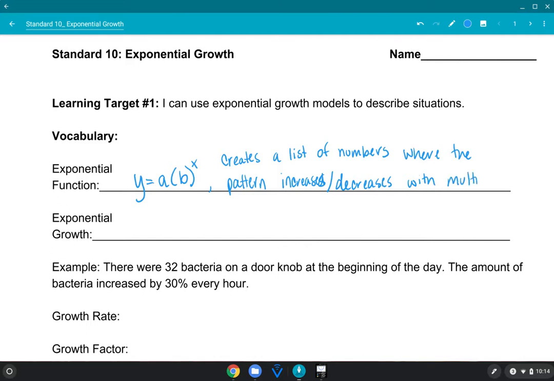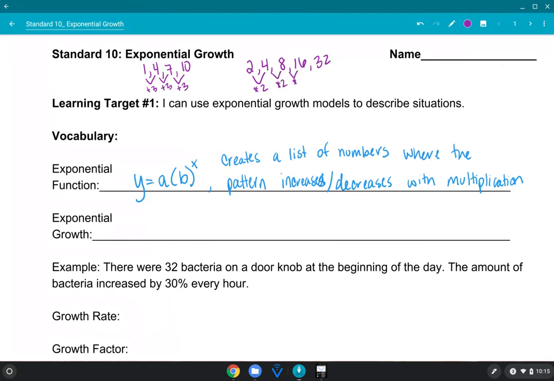So you guys might be used to a list like this: 1, 4, 7, 10, and you add 3 every single time. That's something that we've worked on a lot last term. But what we're going to be dealing with now is something like this, where you don't add the same amount every time. Now we multiply by 2 every time.